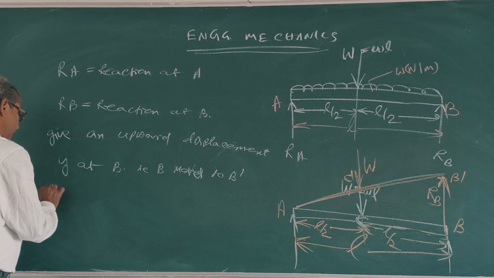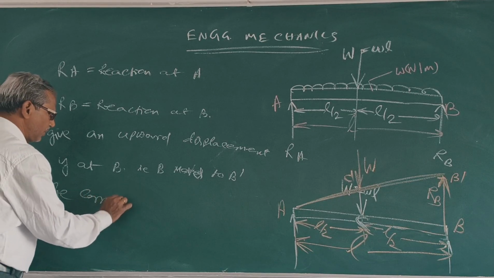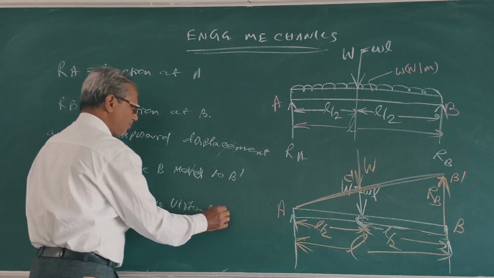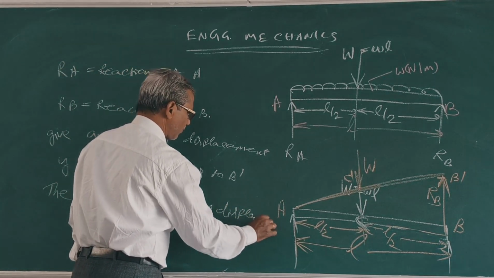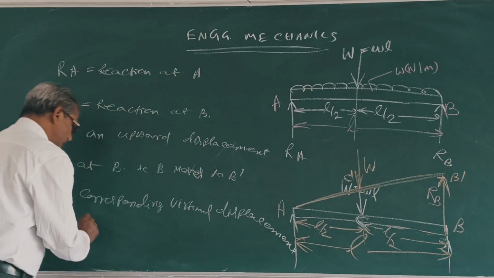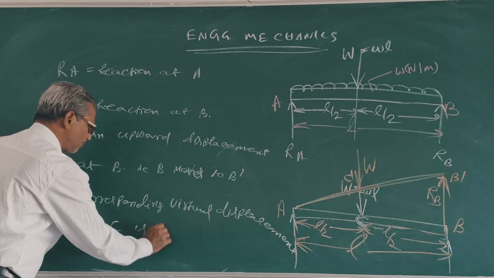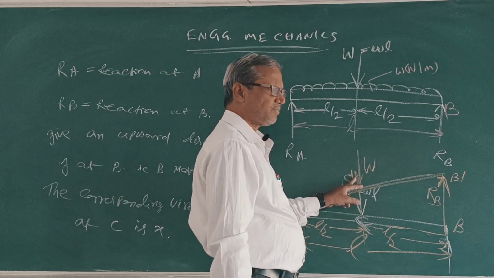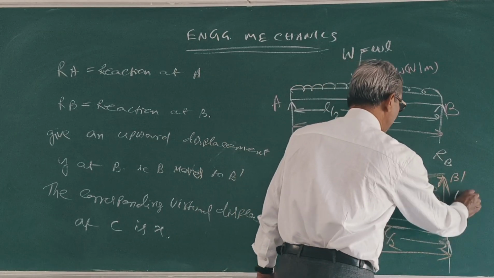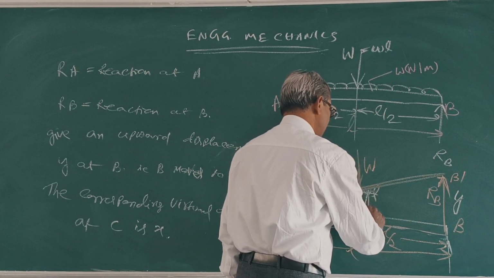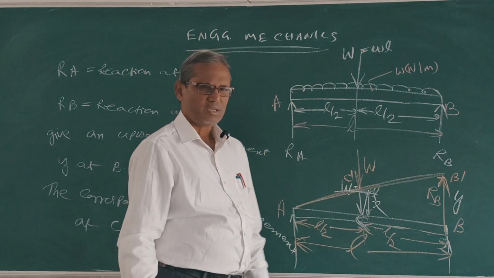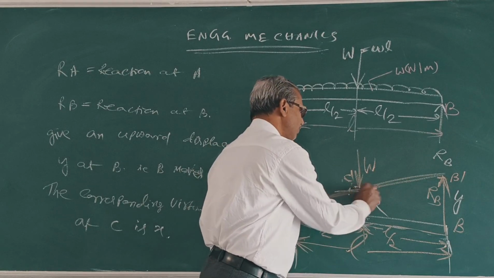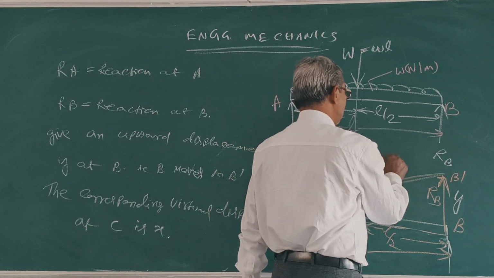The corresponding virtual displacement at C is x. Clear? If B moves to B dash, C moves to C dash. That is, if this is y, this is x. Right? What is W equal to?